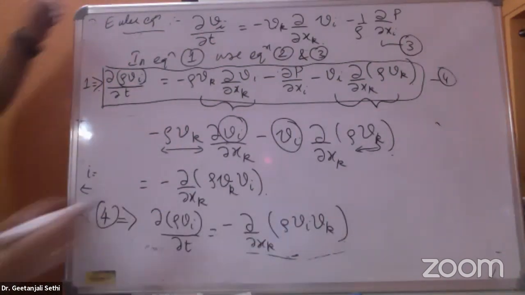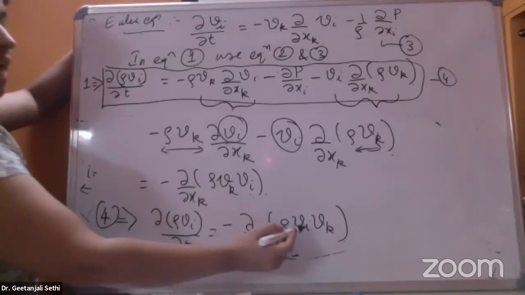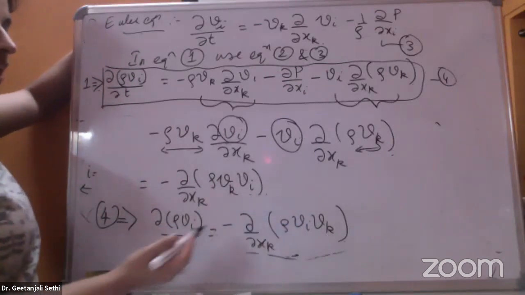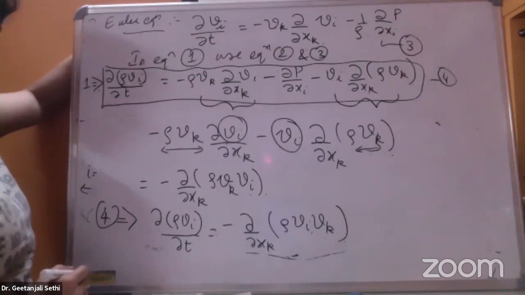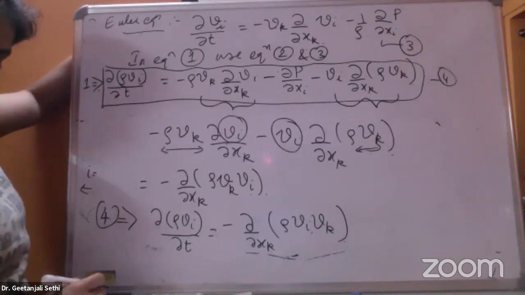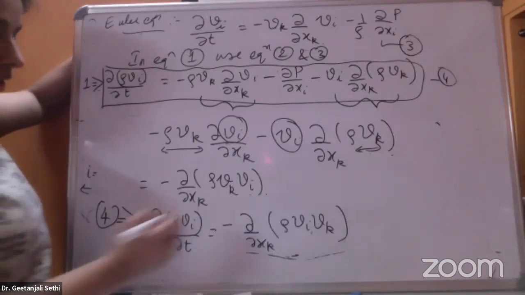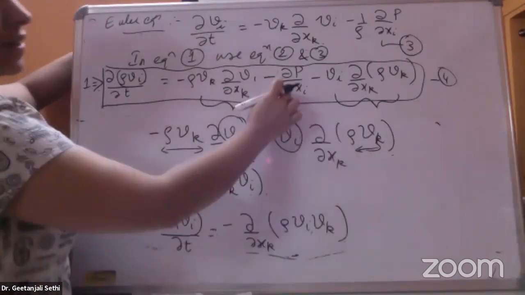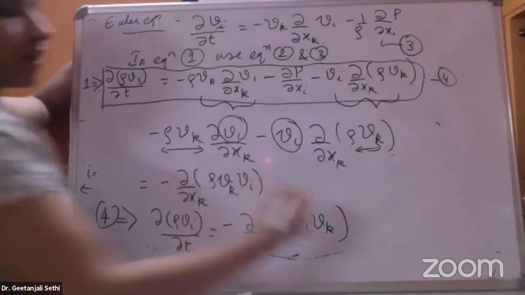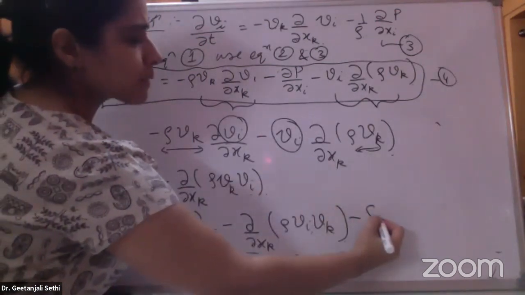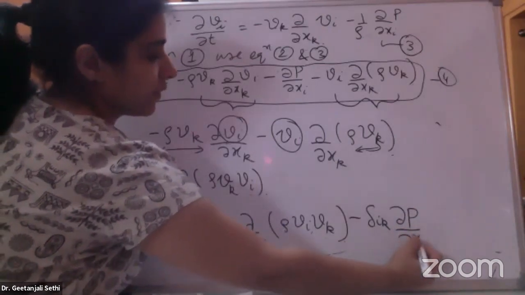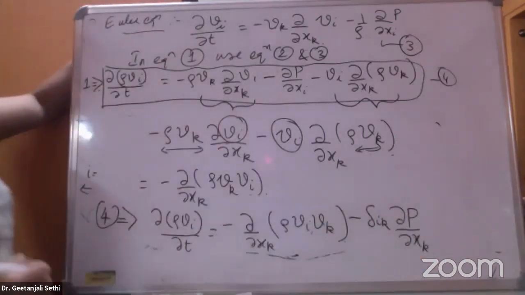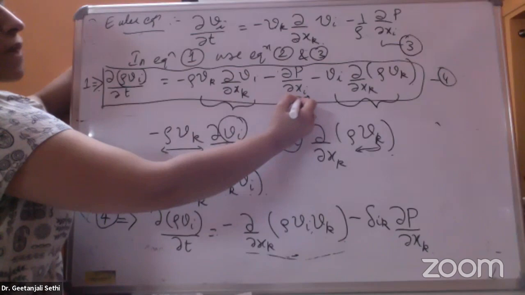You can see it really doesn't matter whether I write it as Vi into Vk or Vk into Vi. This is a symmetric term. And I am left with this term. And I make a small mathematical trick. This is a derivative with respect to xi.